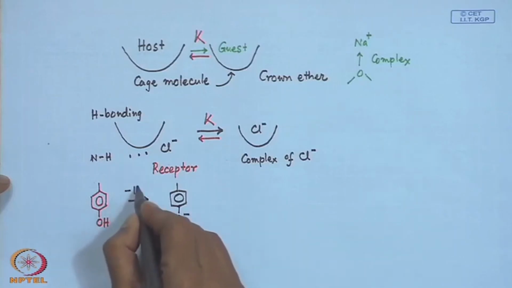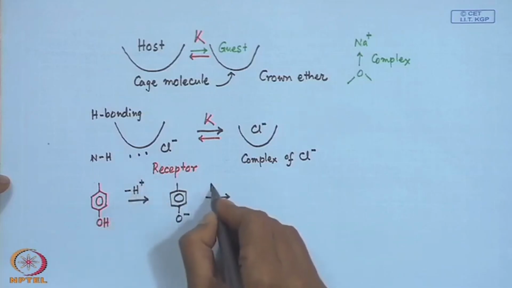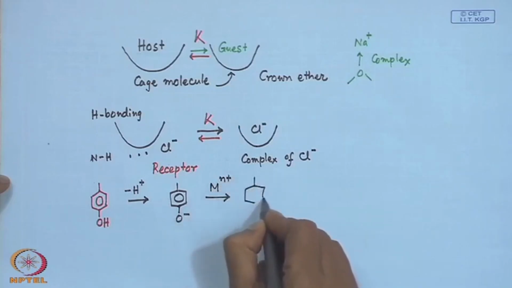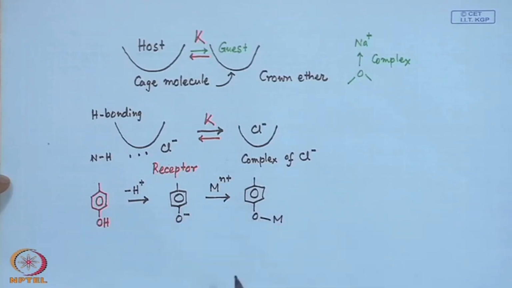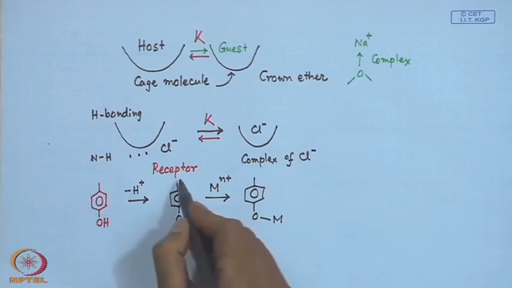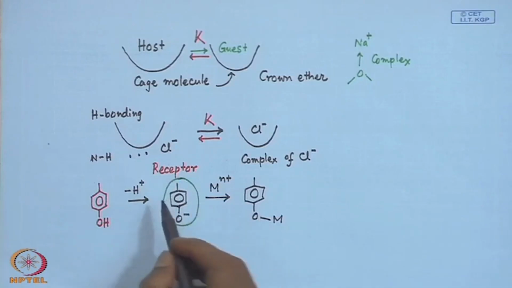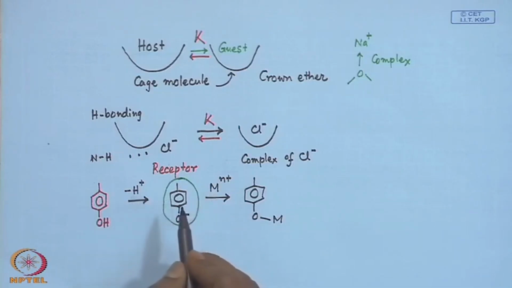So, after removal of H+, it gives us the anion, then it binds the metal ion center in this form. This species at the central part, the phenoxide ion, will have the competitive tendency to bind Mn+ or H+.